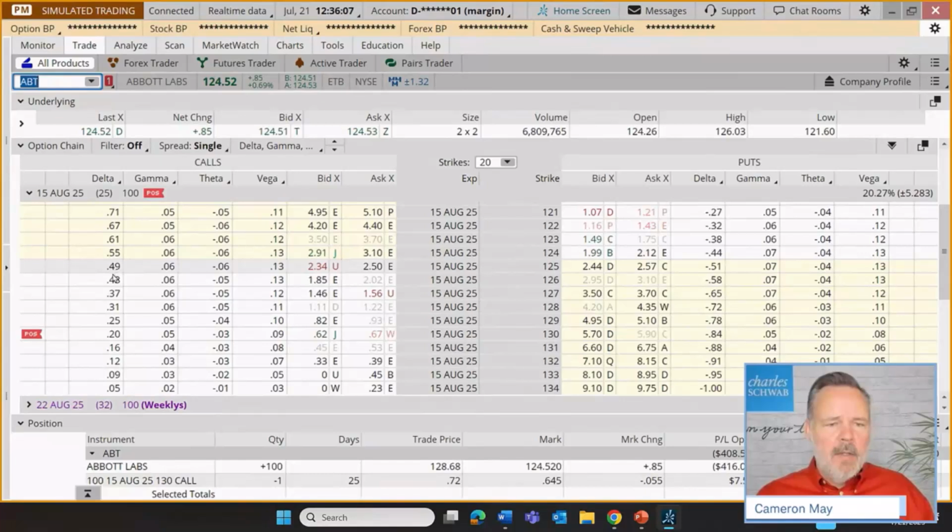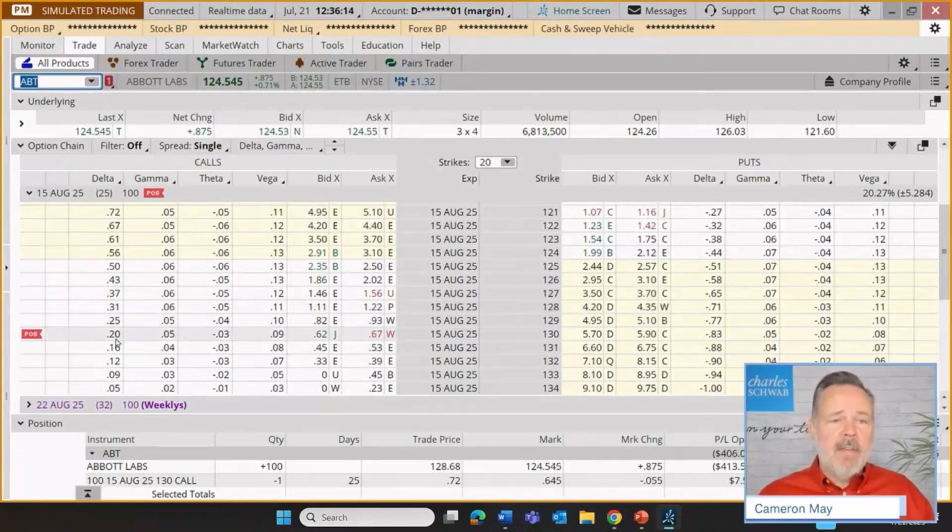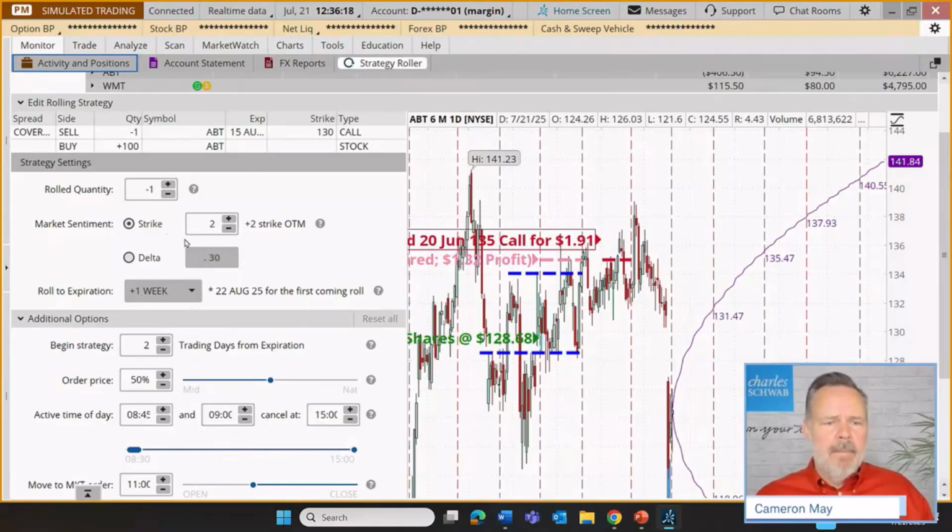What's our at the money? It's 125. So 1, 2, 3, 4, 5 strikes out of the money. That's interesting. So we could choose an equivalent number of strikes out of the money. You can either use the plus or the minus, or just type that in there. That's one way to choose our strike.